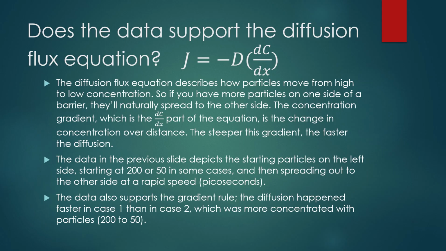Our data supports this gradient rule because the diffusion happened faster in case 1 than in case 2, which was more concentrated with particles, 200 to 50. Going back to the data in the previous slide, it depicts the starting particles on the left side starting at 200 or 50 in some cases, and then it spreads out to the other side at rapid speed in picoseconds.